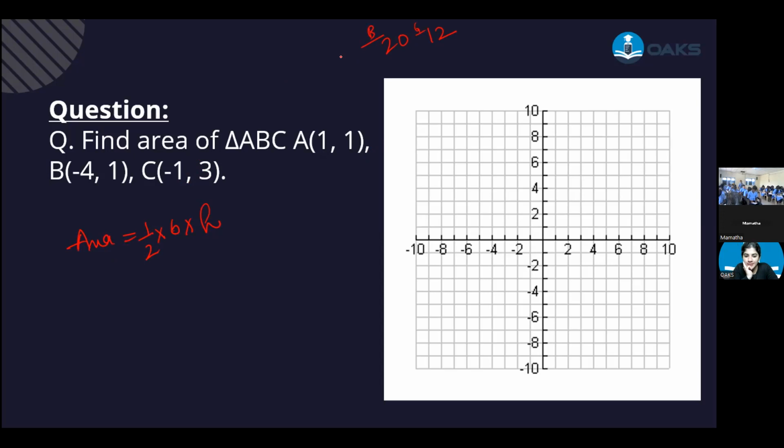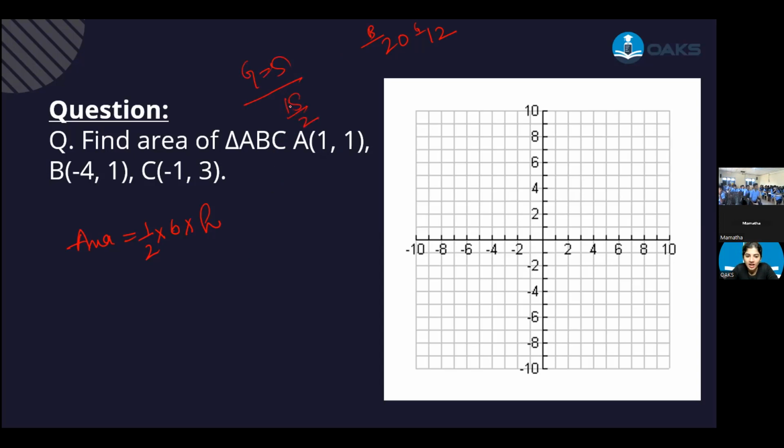What's taking time? Yes, you are saying 5. Okay. Boys, you are saying 5? 3 by 2. 15 by 2. Okay. Can you say it again? 15 by 2. 15 by 2.